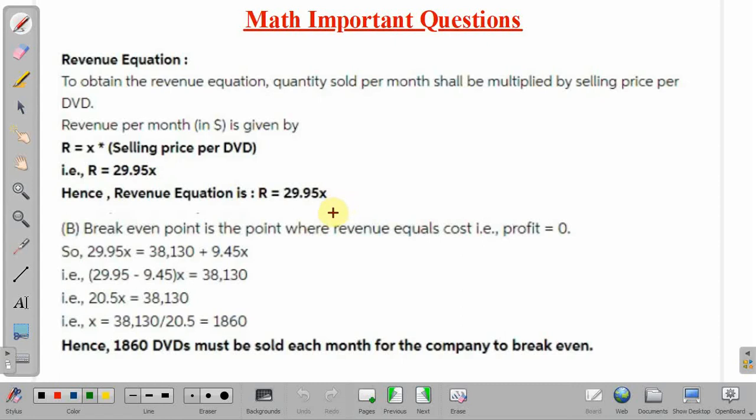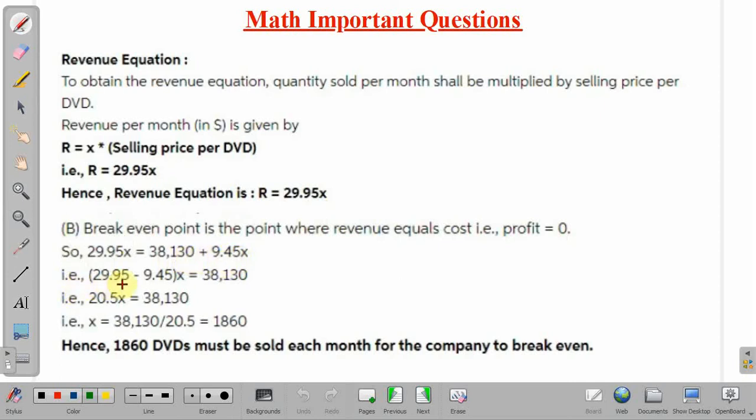Now we have to find the break even point. The break even point is where revenue equals cost and the profit equals zero. So we equate the cost and revenue equations. Revenue is 29.95x and cost is 38,130 plus 9.45x.